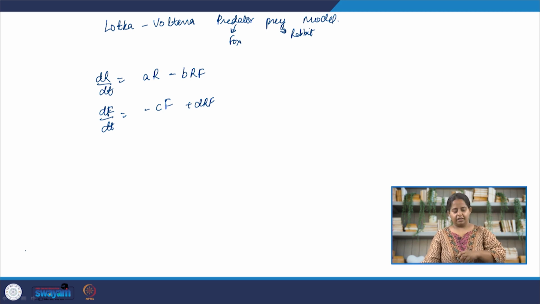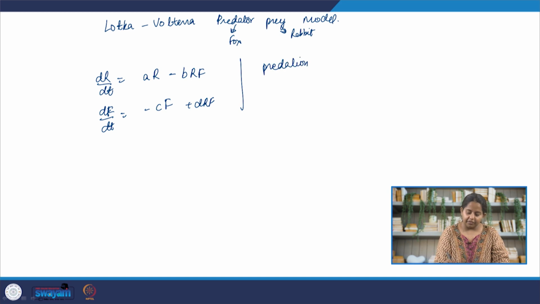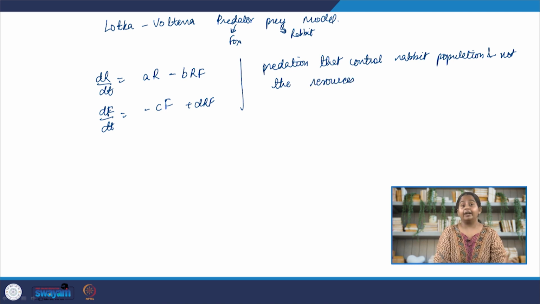So a very important thing to note in this version of the predator-prey model is that it is predation that controls the rabbit population, and not the resource limitation. Basically, the foxes will not let the rabbits increase to a number where resources get limited.